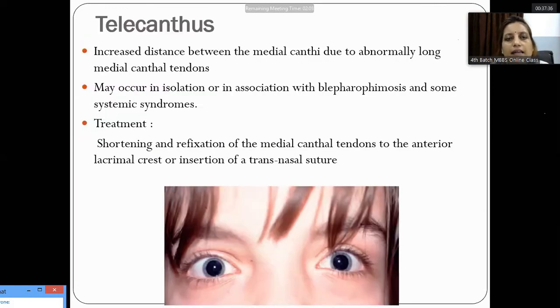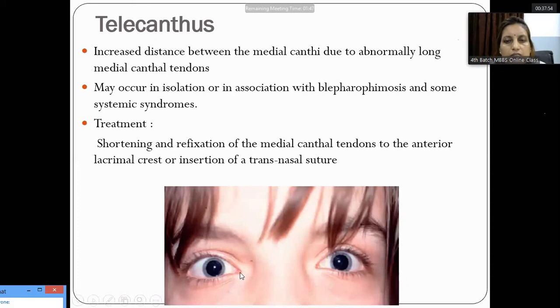Now telecanthus is an increased distance between the medial canthi due to an abnormally long medial canthal tendon. So you have a medial canthus here, and there is a medial canthal tendon.